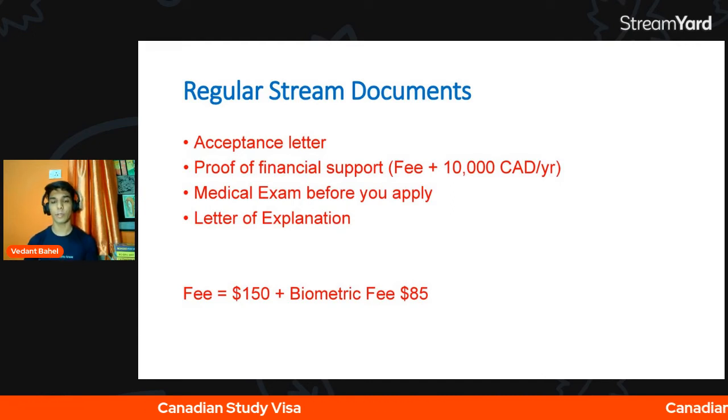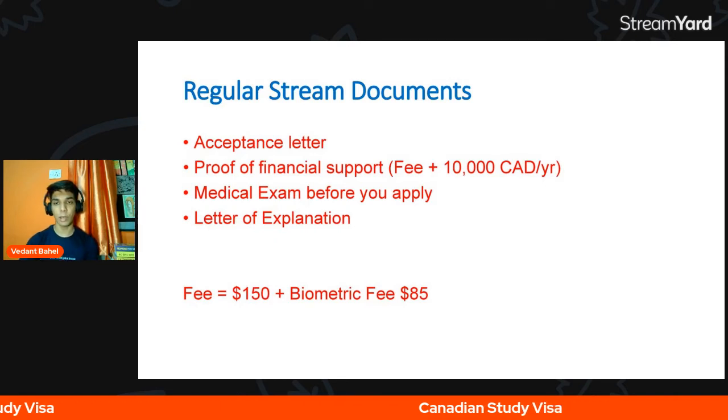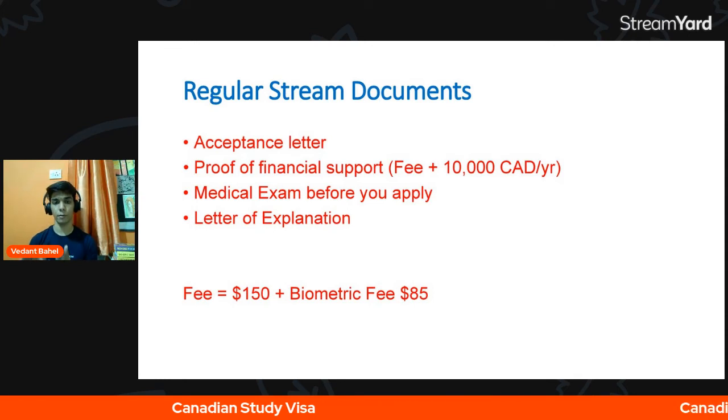At least you have to show in the application the amount of your fee plus 10,000 Canadian dollars per year of liquid money in your bank account or FD. So mostly a bank account, and that's the bare minimum. The more you show, the better and stronger your application.